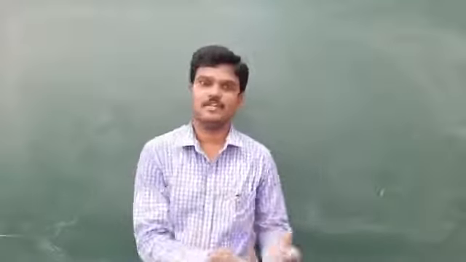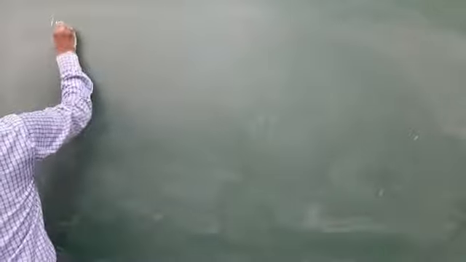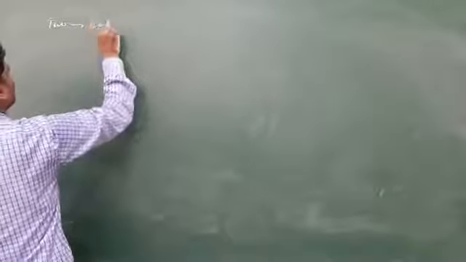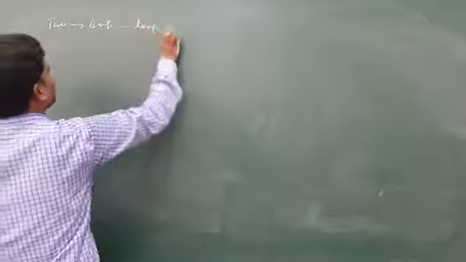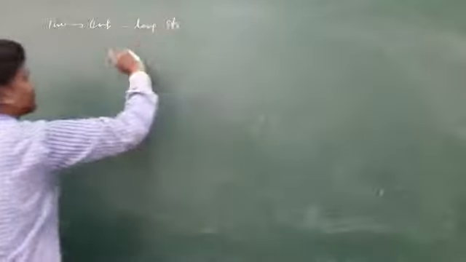Earlier, one conductor was bent, one infinite wire was bent. Here, see the given two infinitely long straight wires, bent.